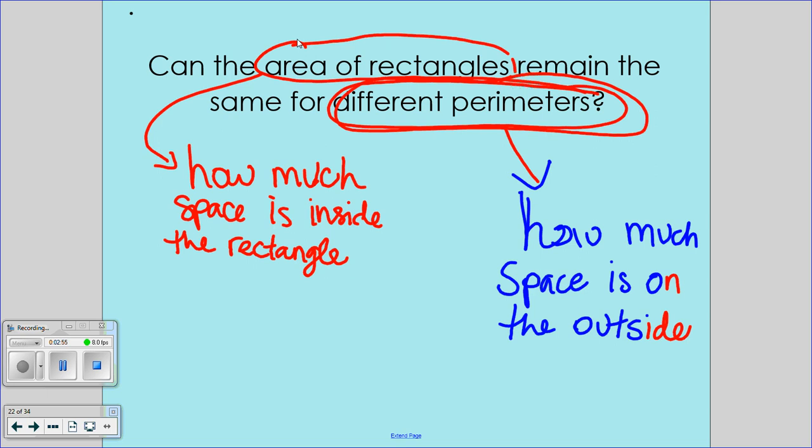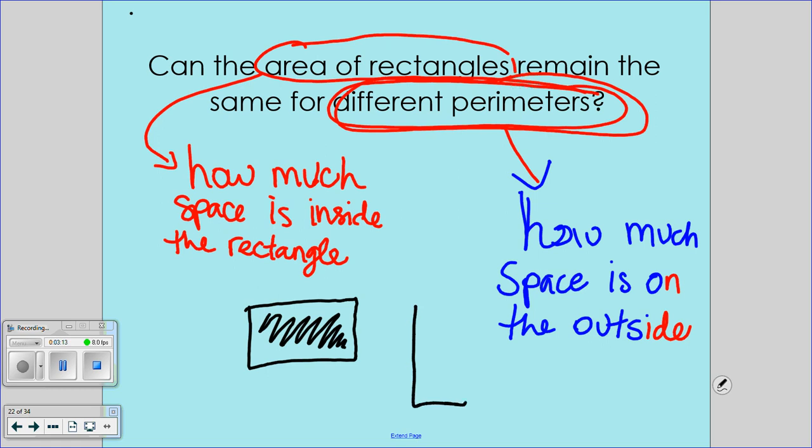So can rectangles that have an area that is the same, can that work if the perimeter is different?